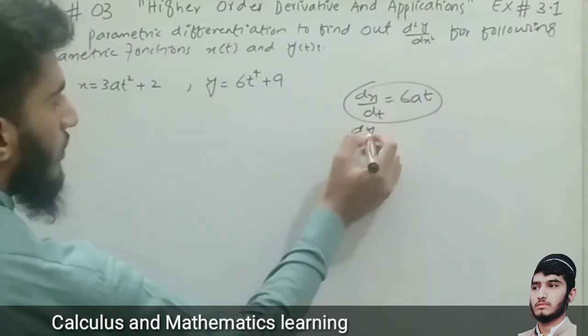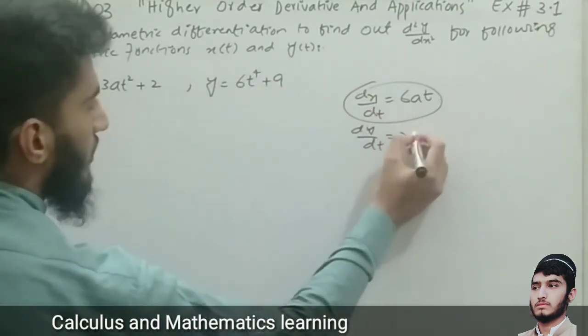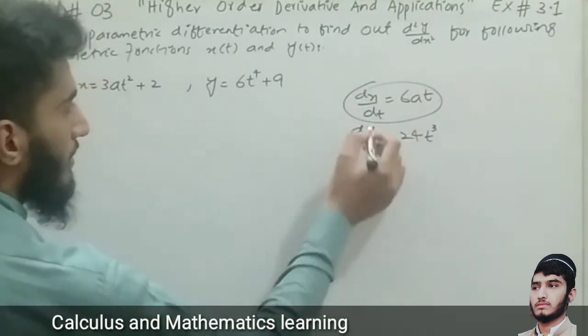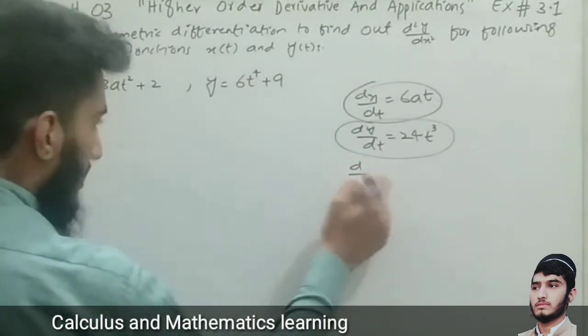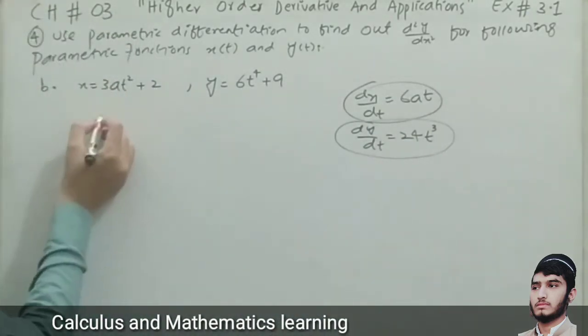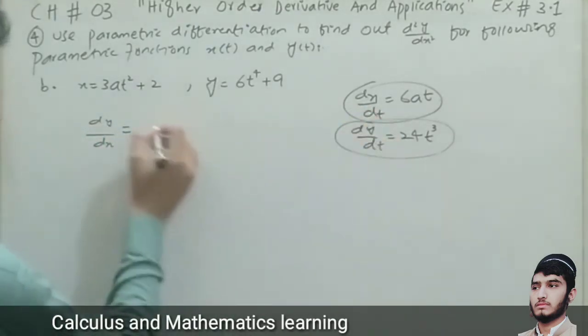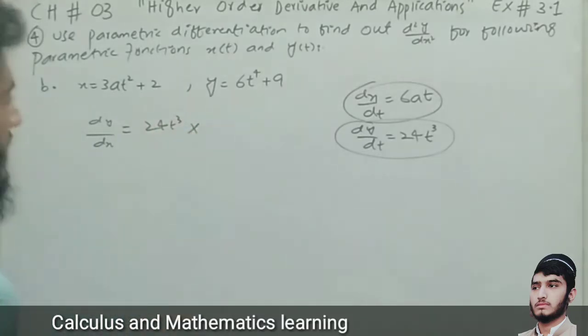And the derivative of y with respect to t will be 4 will come to the front, it will give us 24 and subtract 1 in the power, it becomes t power 3, and the derivative of 9 is 0. Now we are going to find dy by dx. So putting the values in the formula, dy by dt, which is 24t cube, multiplied by dt by dx.